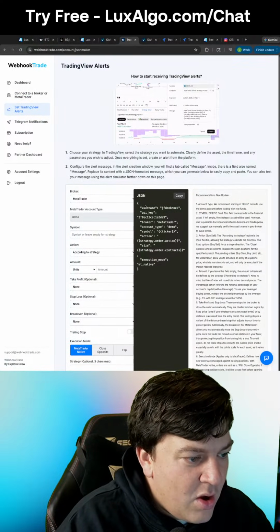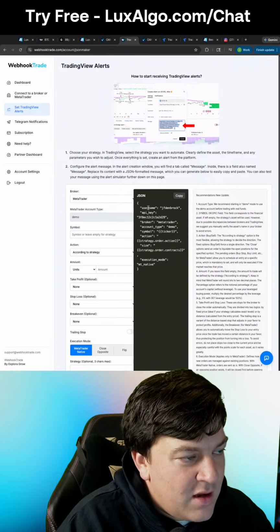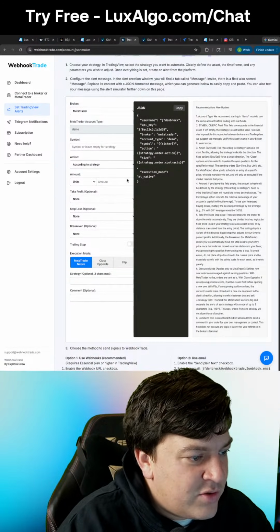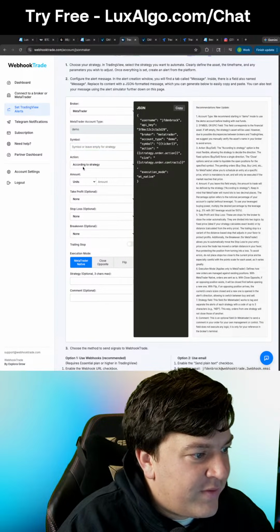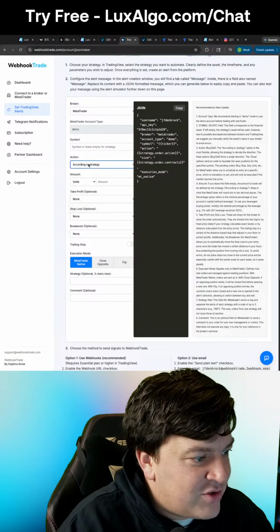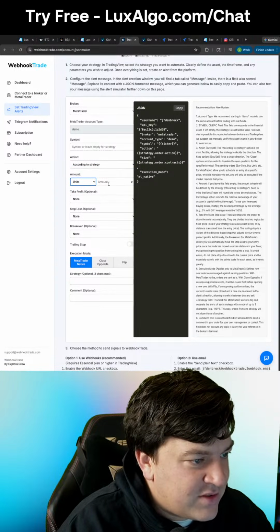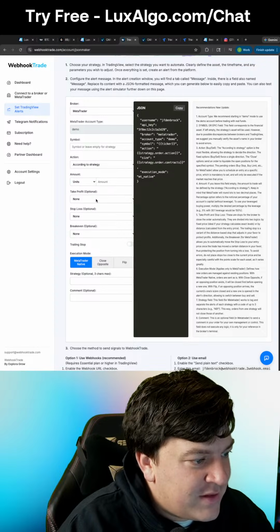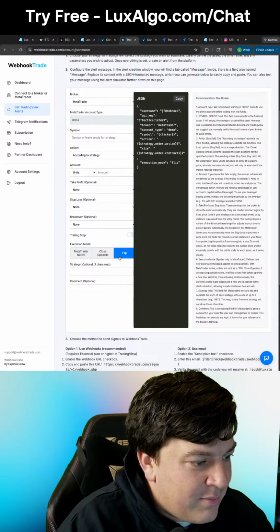So the one thing you need to note, and I'll probably make a video on this. We will have templates for different platforms like this, but when you're doing the JSON, the biggest and most important thing is to action according to strategy. Units you can leave; it's going to just be based on the strategy. Take profit, you can add that in here if you want, but you need to enable flip here.